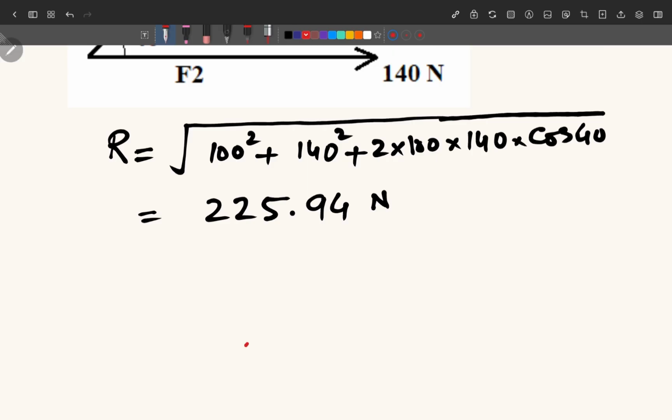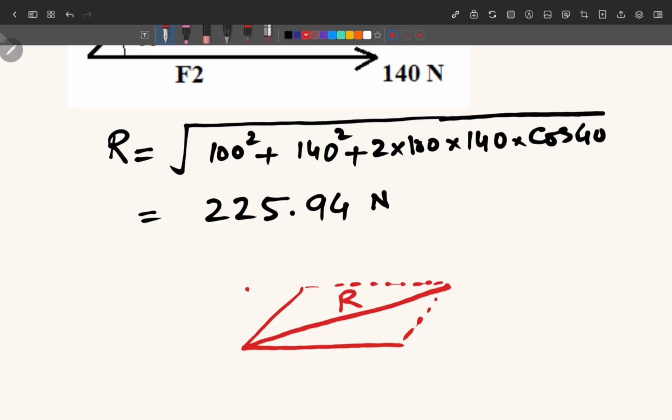If we have this parallelogram, and this is our resultant R, this is F1, this is F2, we are interested in finding this angle alpha. We can easily find it by applying the sine rule of the triangle.